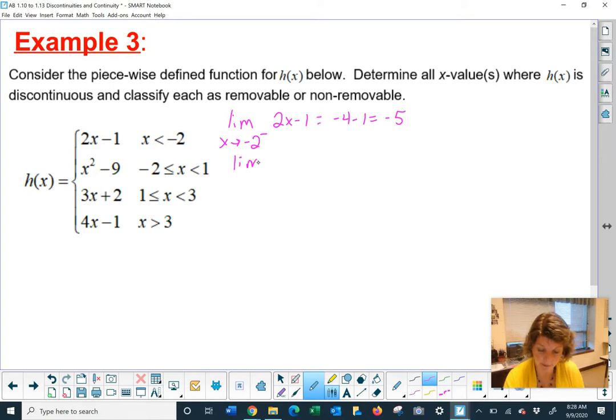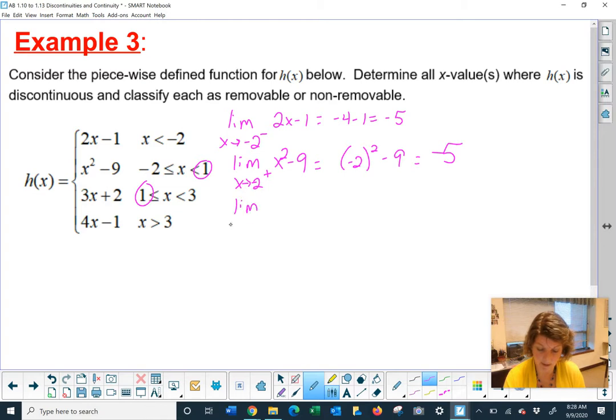Let's see what's happening to the right side of -2, and that would be x squared minus 9. I need to write the function first before I evaluate it. That's going to give me -2 squared minus 9. Looks like that's -5.